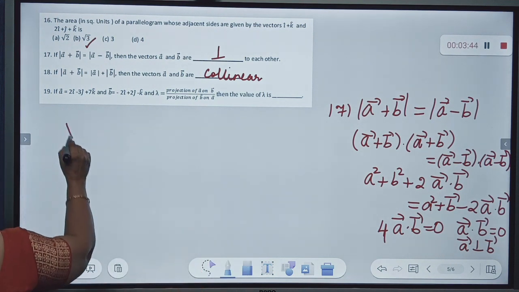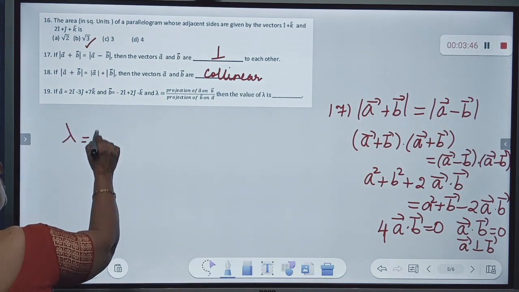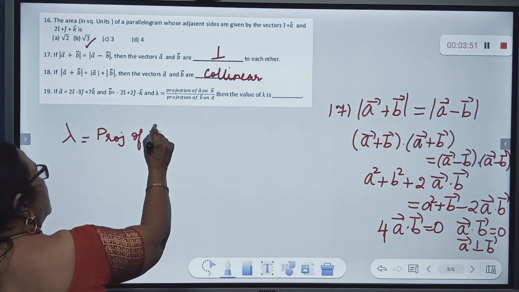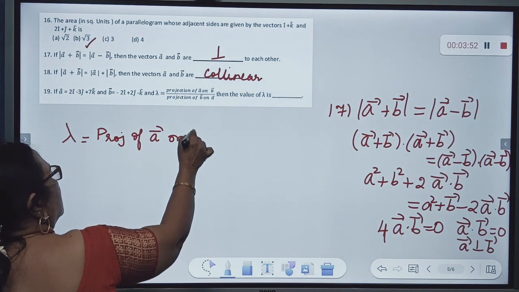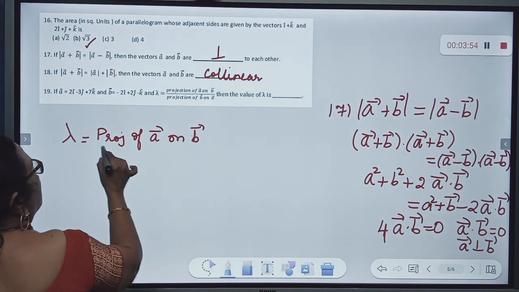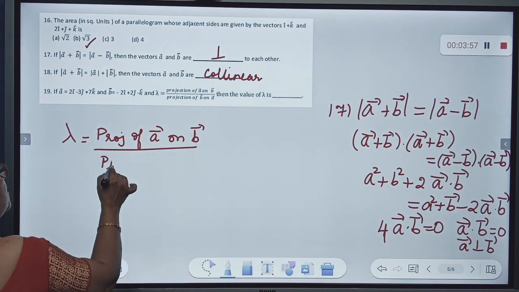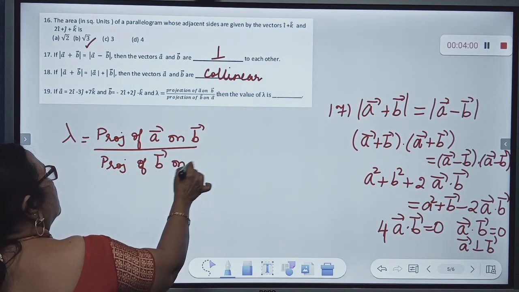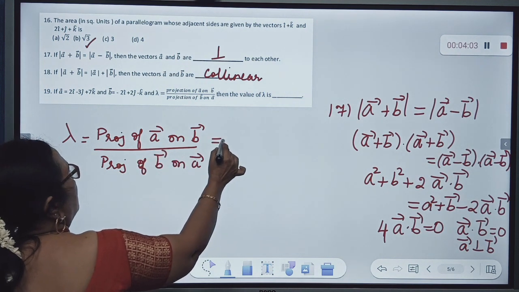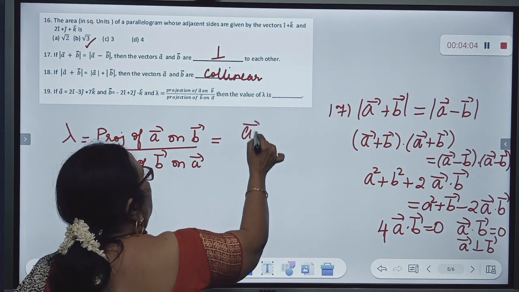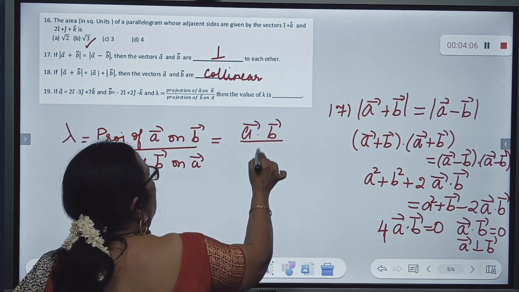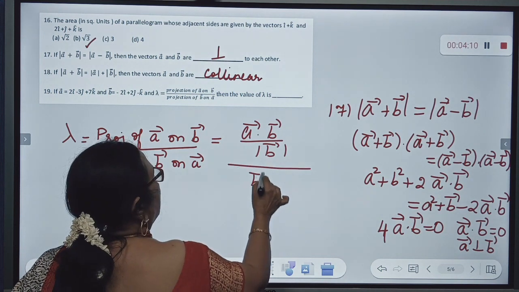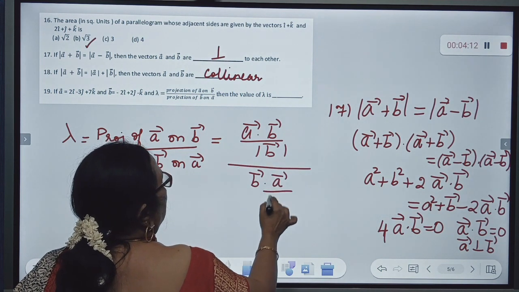Lambda equals projection of A on B divided by projection of B on A, which is A dot B by modulus of B vector divided by B dot A by modulus of A vector.